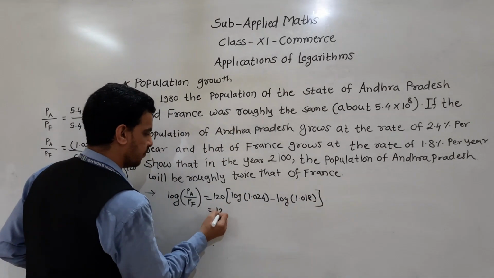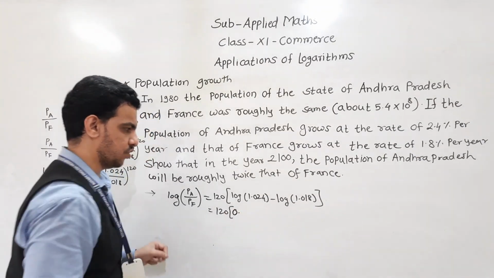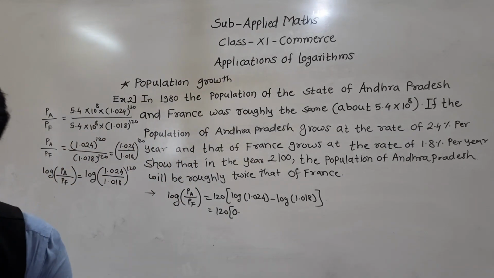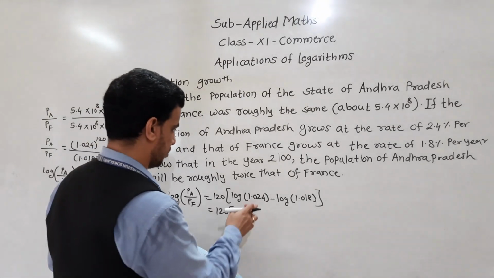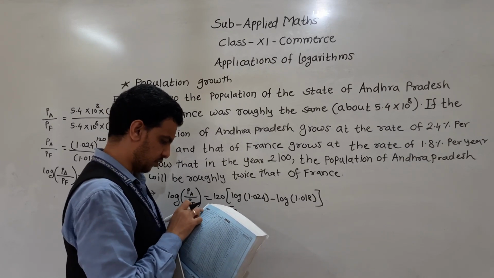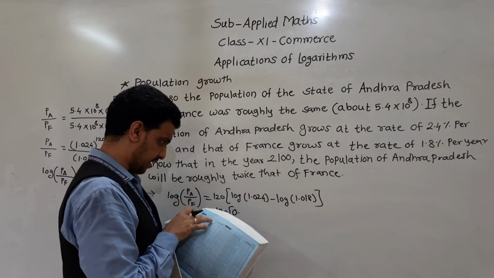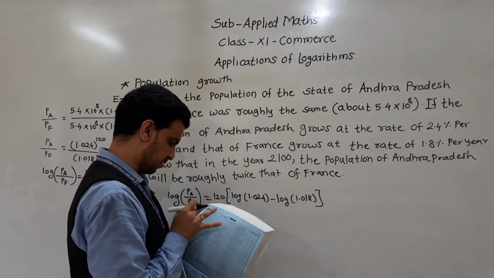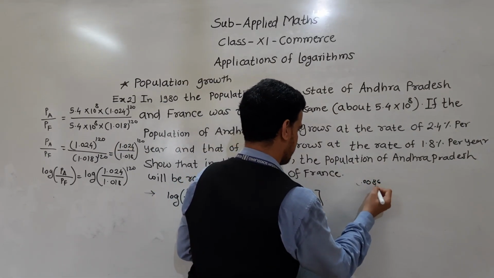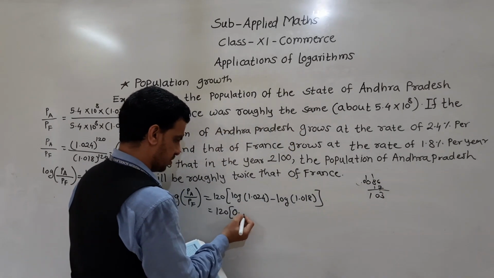If we find this, characteristic is 0, so 0 point in 10th row, second column and mean differences column, it is a 4. So 10th row, in 10 number it is 0086 and 4 is 17. So 0086 plus 17, 7 plus 6 is 13, 103. So 0.0103.